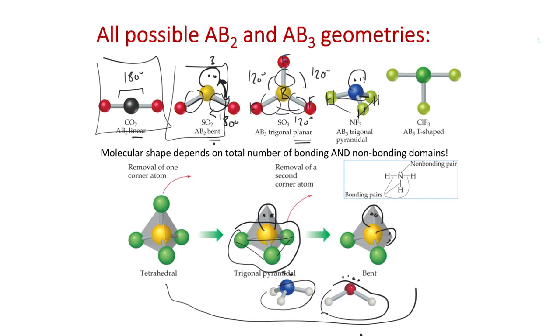So you'll see that most molecules have two different names. They have the electron domain geometry and then the molecular geometry. If it's like CCl4, both those geometries are the same; both are tetrahedral. Something I didn't point out on the previous page is that all these bond angles within a perfect tetrahedron are exactly 109.5 degrees.